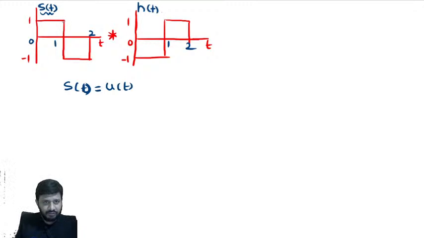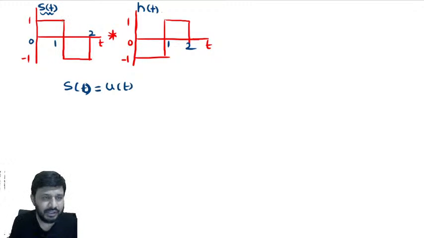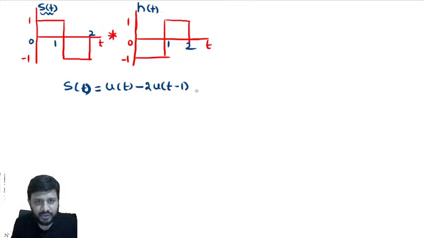And at 1, what happened? The value suddenly dropped from 1 to minus 1. So u(t) is a signal starting at 0 going with the value of 1. Now at 1 its value suddenly dropped to minus 1, means a value of minus 2 must be added at the point 1. Now this is going with the value of minus 1. Now at 2 it must be made 0.